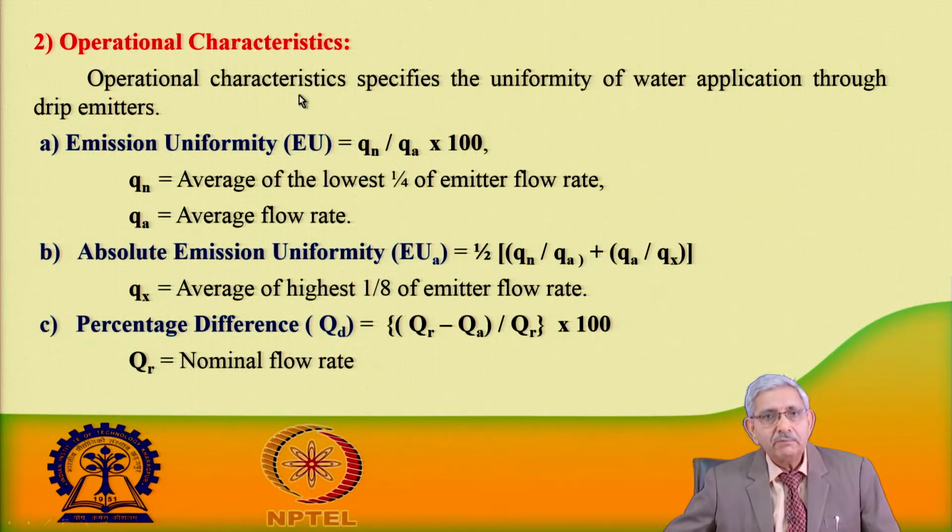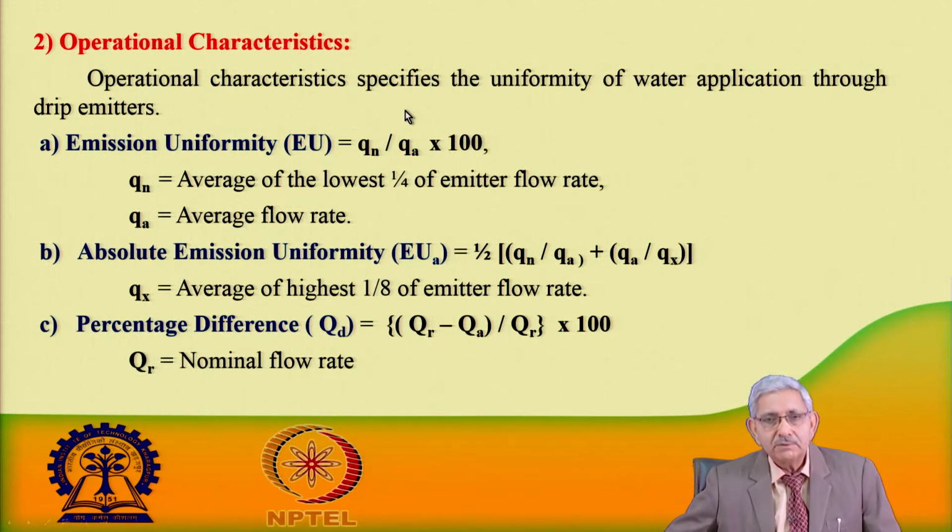Then there are other parameters, the operational characteristics. Operational characteristics basically tell how uniformly water is being delivered by a set of drippers.